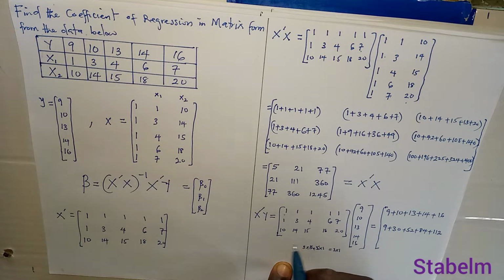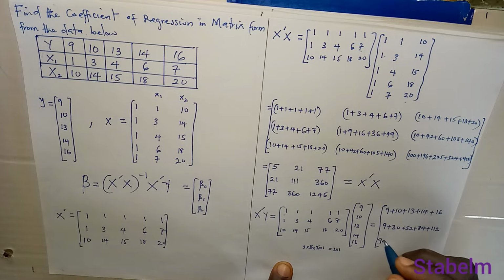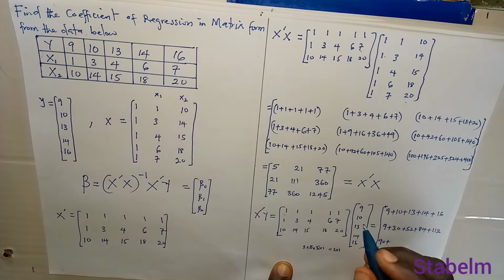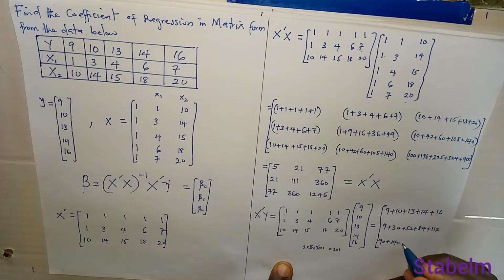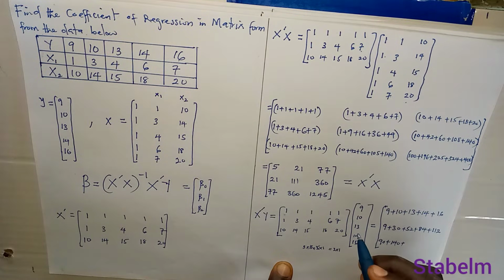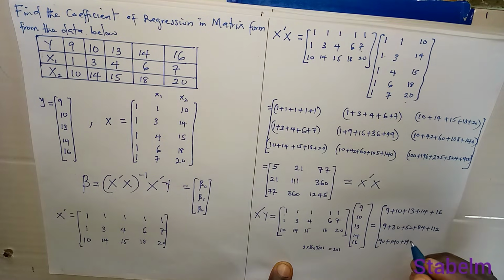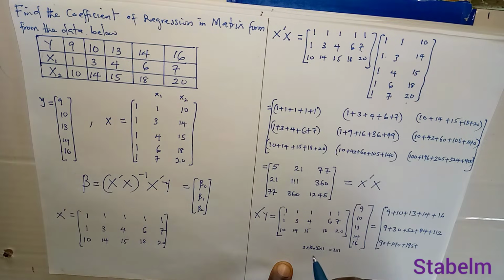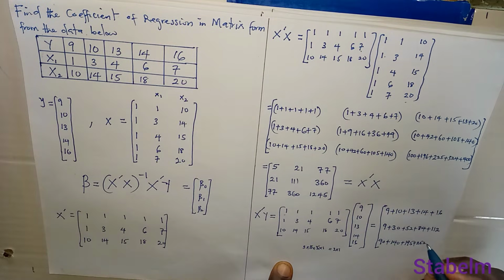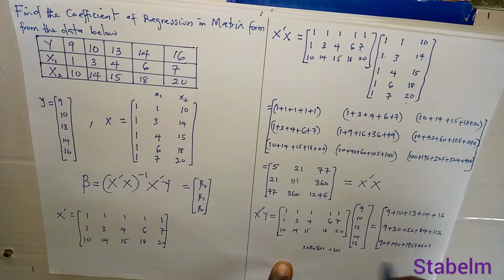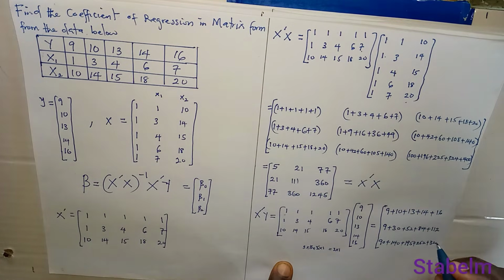Now the last row multiplied by this column: 10 times 9, that is 90, plus 40 times 10, that will give us 140, plus 15 times 13, that will be 195, plus 18 times 14, that is 252, plus 20 times 16, and that is 320.